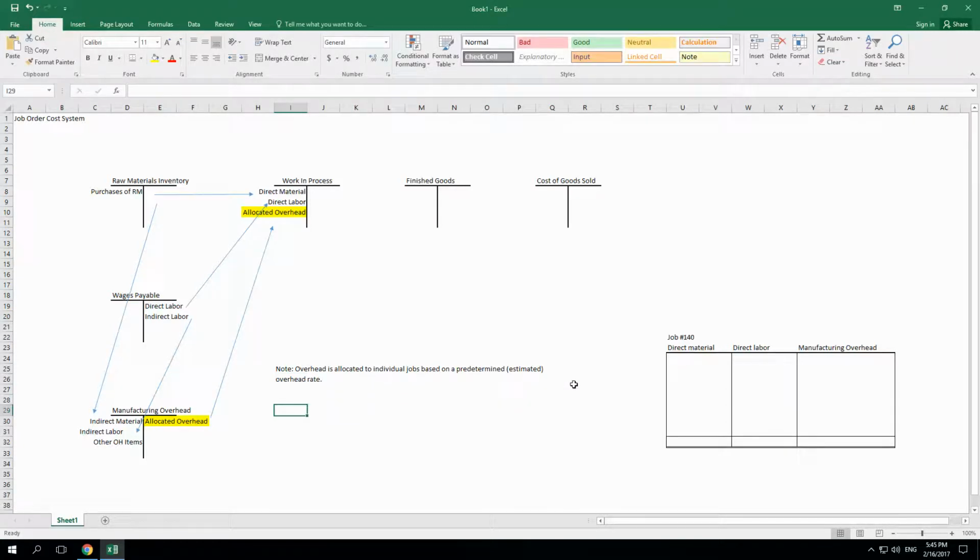So a lot of times they'll tie it to something like direct labor, right? You know, certain jobs need so much direct labor. We're going to make that a percentage of the direct labor cost, or a percentage of the direct labor hours, okay? Because it kind of makes sense. The logic is there. If this job requires more direct labor, then shouldn't it absorb more of the overhead costs? Okay, so that's the logic they're using.